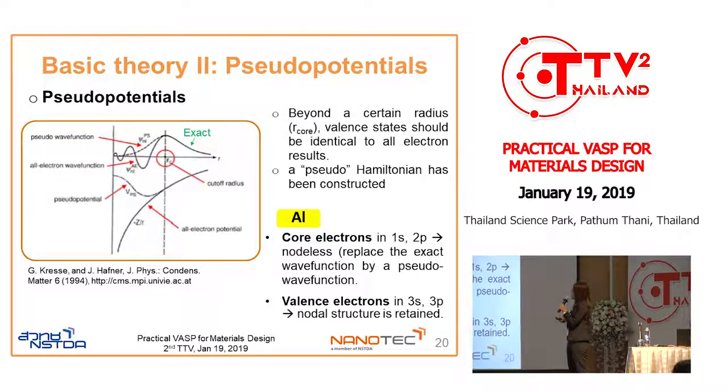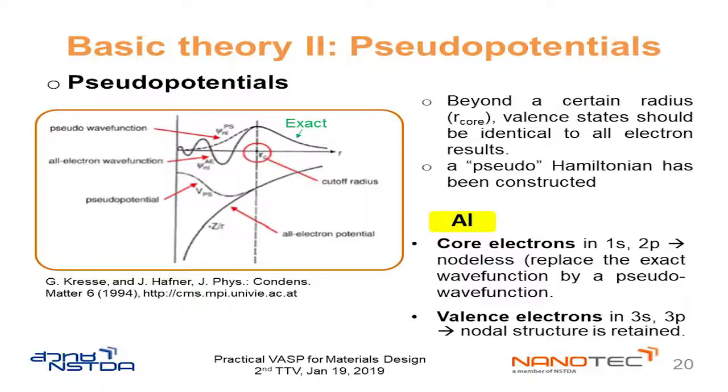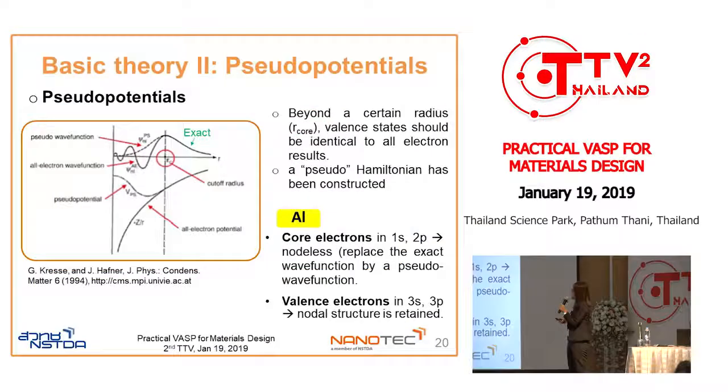So the left-hand side represents the wave function of the core electrons. So you will see the nodes. There is a fluctuating wave function here, and we assume that the inner core electrons don't get involved in the interaction.